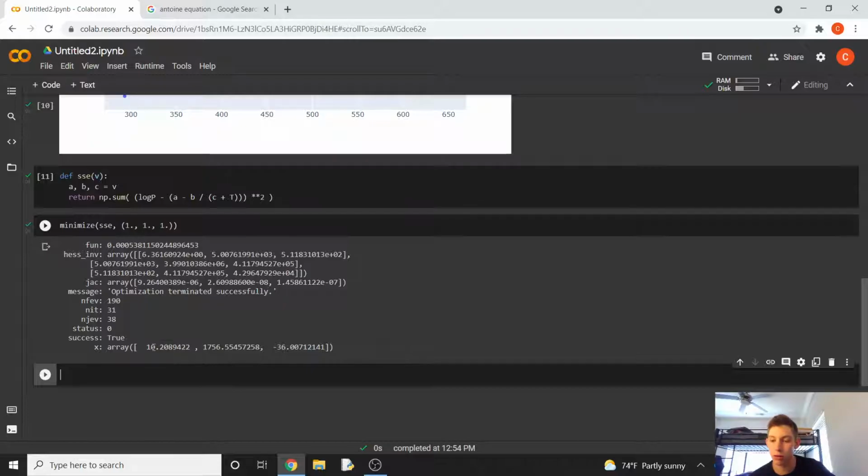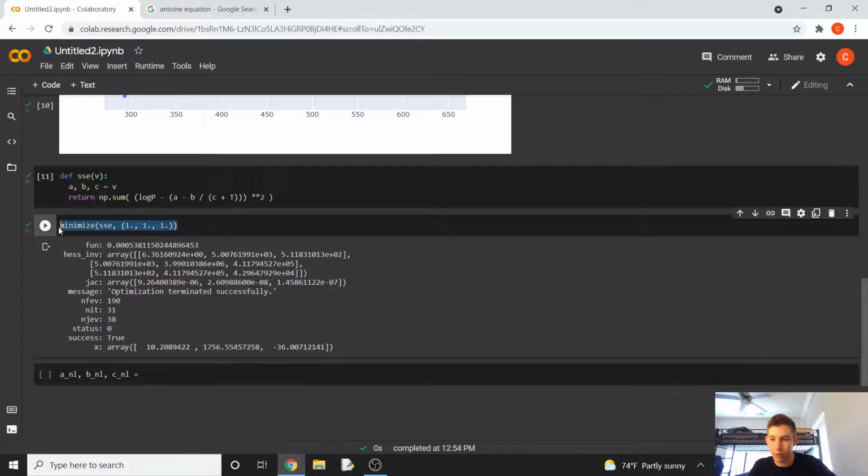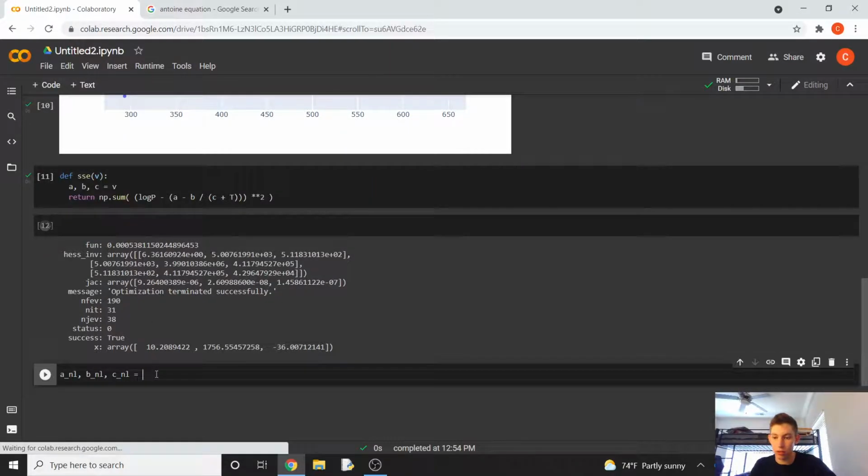So here, based on our guess, this array here is A, B, and C, and it's noted under X. So if we can set this, we can just say A nonlinear, B nonlinear, C nonlinear, and then assign this to here, and then do .x.